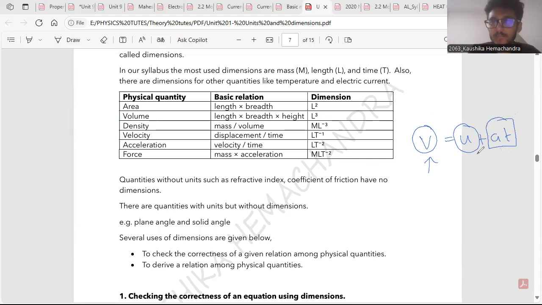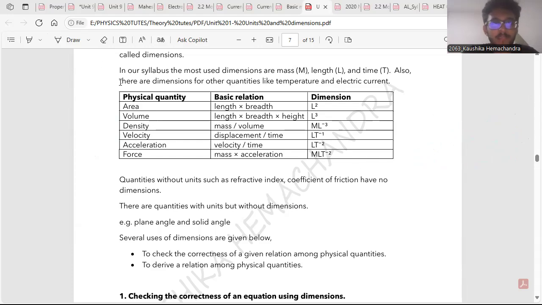You can check whether it is dimensionally correct if you know the dimensions of each variable separately. It's not deriving the units. You already know the dimensions and you're checking whether the equation is dimensionally correct. We'll do a few examples to see what I mean, right?